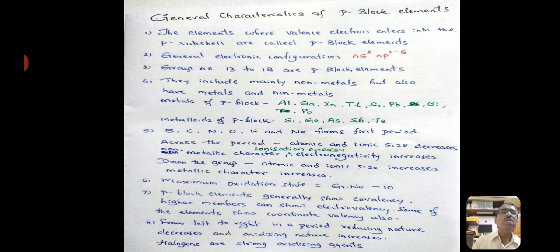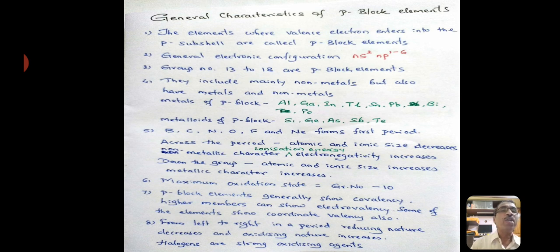Now, the maximum oxidation state of the p block elements can be given as the group number minus 10. For example, boron belongs to group number 13. So boron has a valency or oxidation number of 13 minus 10, that is 3.